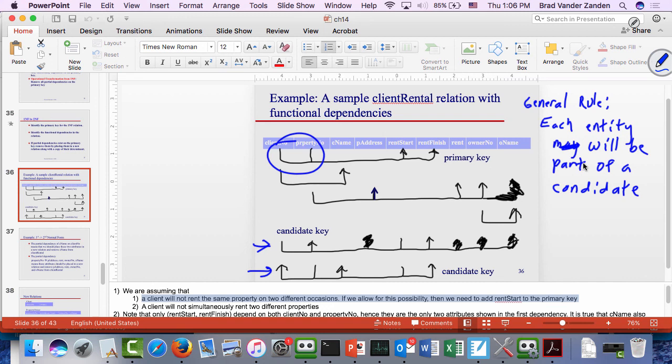But it's not enough, as you saw here, even though you say, oh, they're both part of the same candidate key. True. Each entity will typically be part of a candidate key involving only that entity. Now, that's not always the case, but it often is the case.